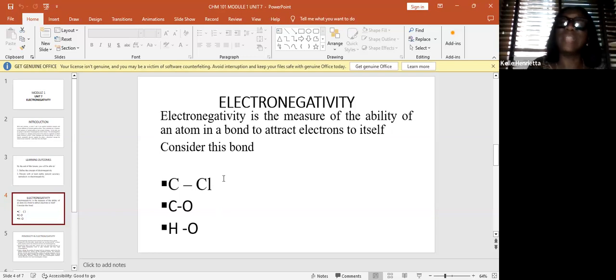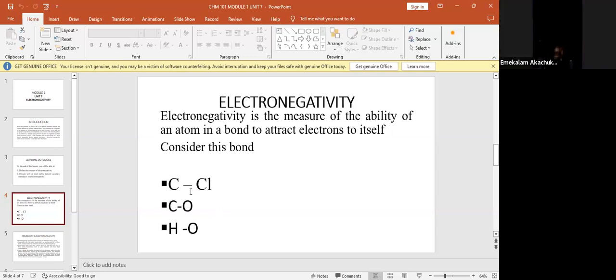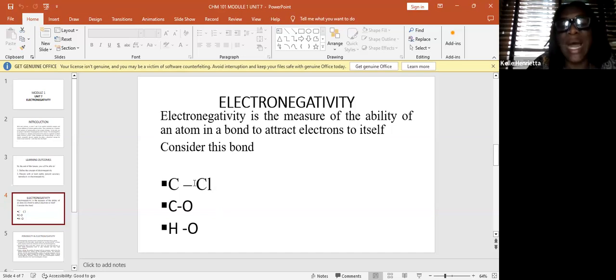Because it's when it does that, that we now say it's fully negatively charged. It forms an anion. In this one, there's no formation of anion, but most of the electron will be shifting more to this side, even when they are bonded together. So this chlorine will acquire what we call a partial negative charge, while the carbon will acquire the partial positive charge. The same thing applies to all these.